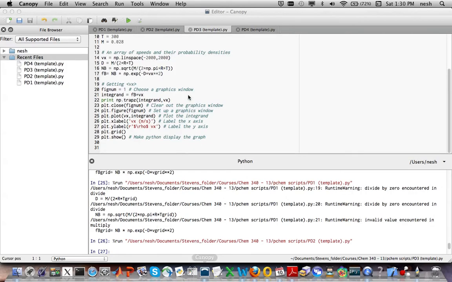And let's see how that's been done. Yep, there's the Boltzmann function times the speed in the x direction. There it's being integrated. That's the trapz integration function. And I think we're good to go on this. Let's see what happens if I run it.